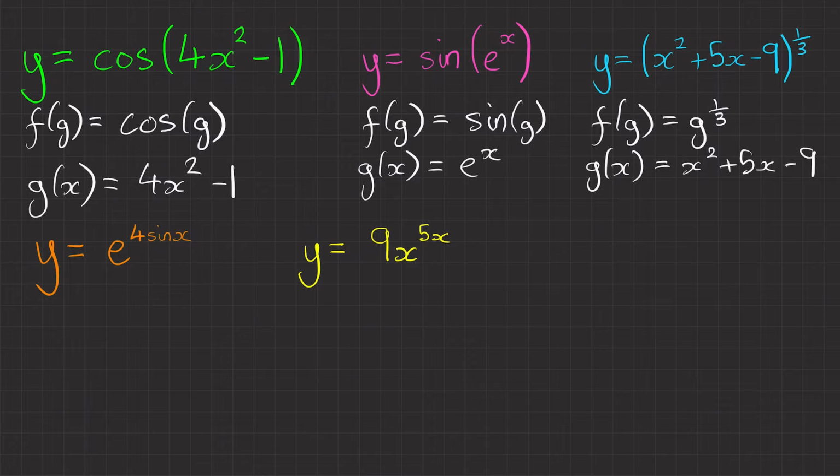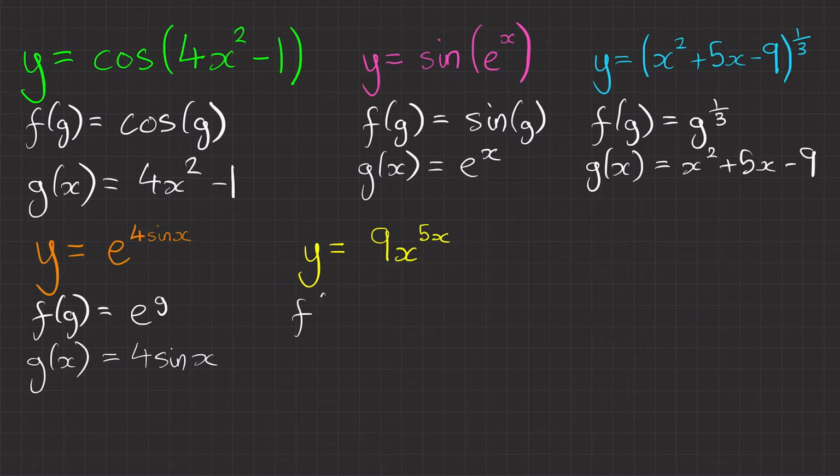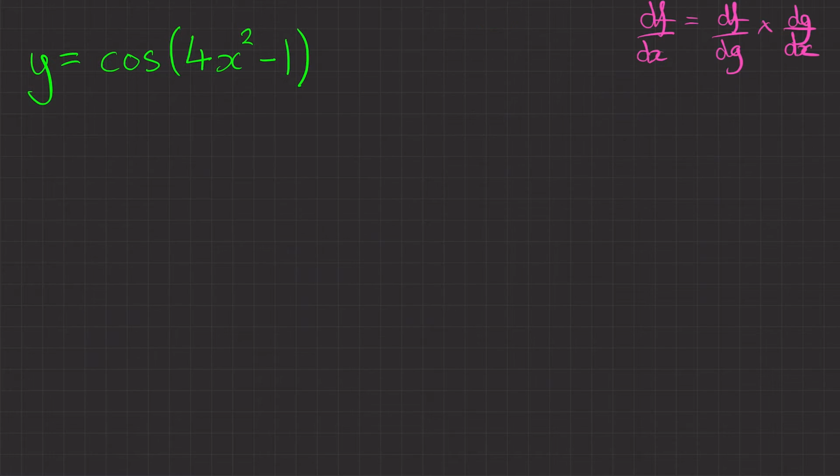The one in orange on the bottom, we've got f of g, which equals e to the g, and g of x, which equals 4 sine x. And the one in yellow, we've got f of g, which equals 9x to the g, and g of x, which equals 5x.